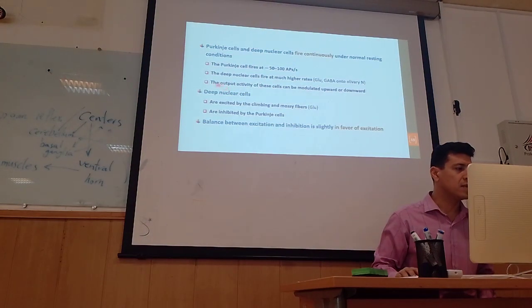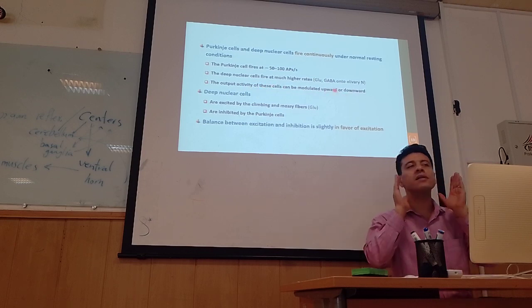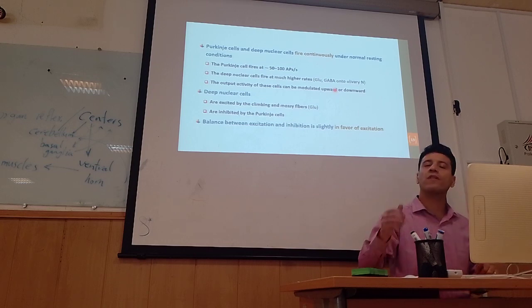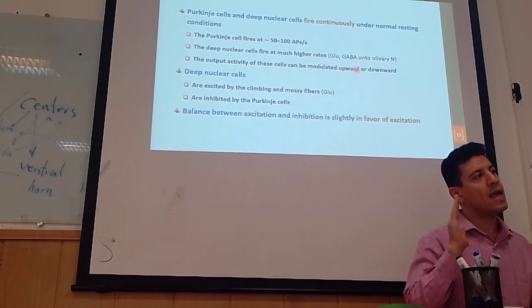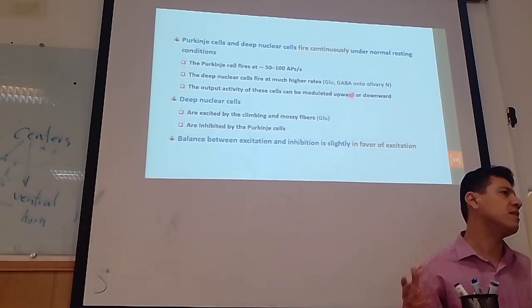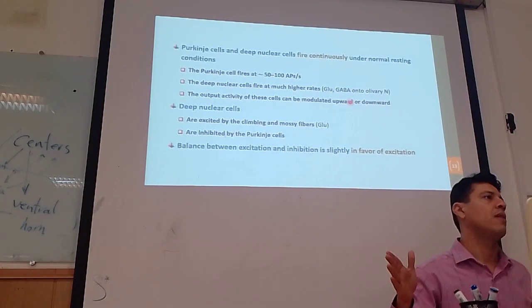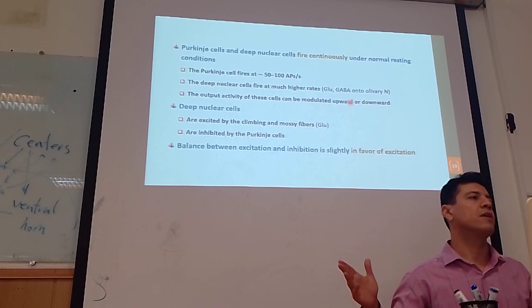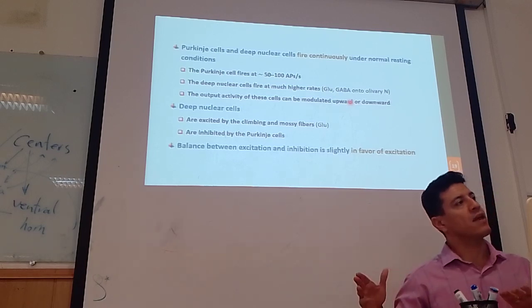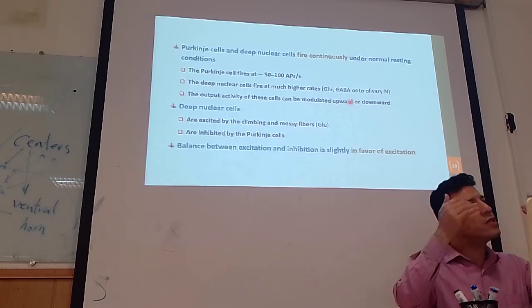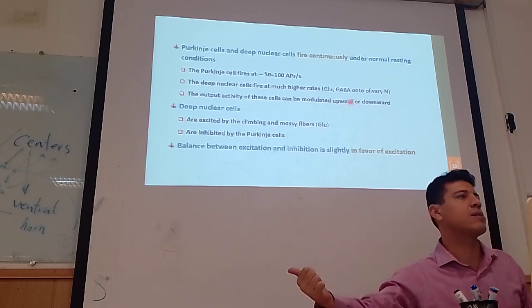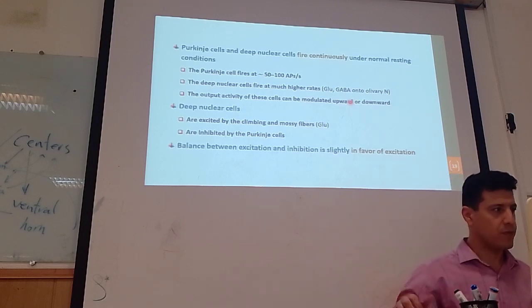Okay? The output activity of these cells can be modulated upward or downward. So in the resting state, both the Purkinje cells and deep nuclear cells are active. They always generate action potentials. Okay? But the action potentials can be increased or decreased depending on the inputs to the cerebellum. Right?